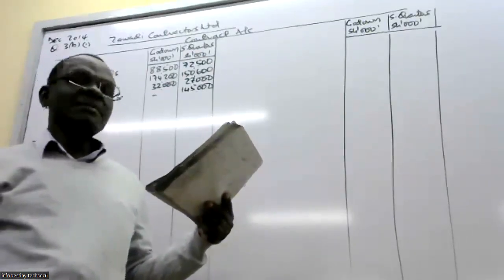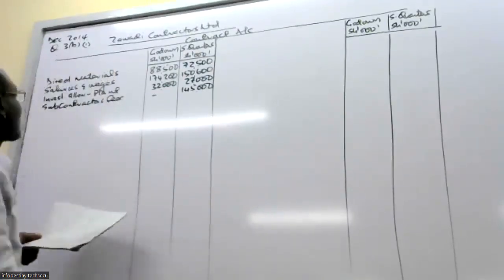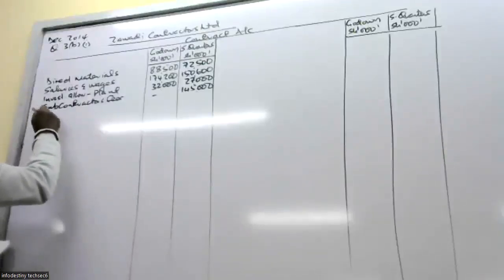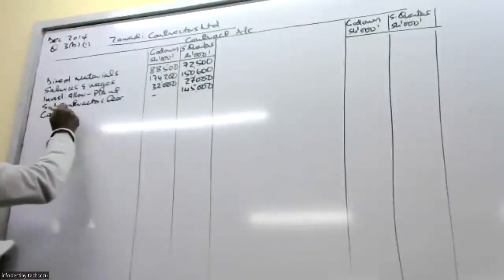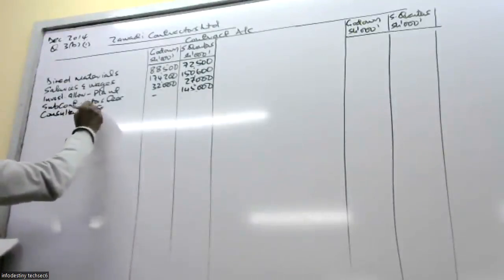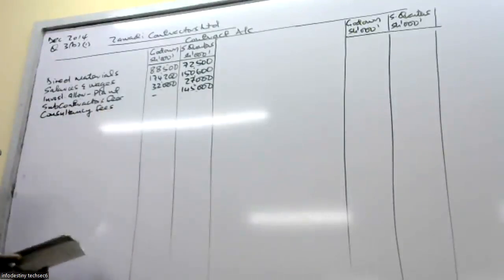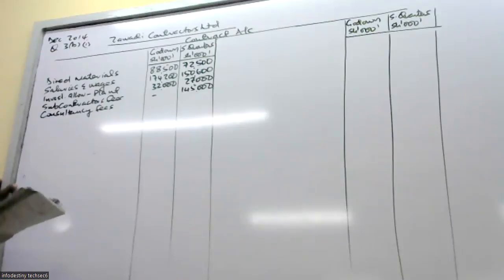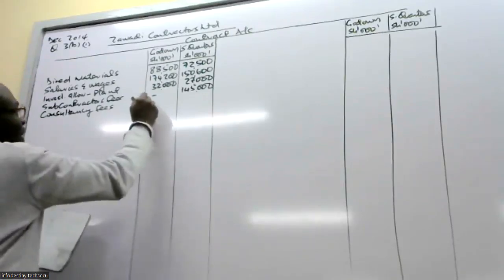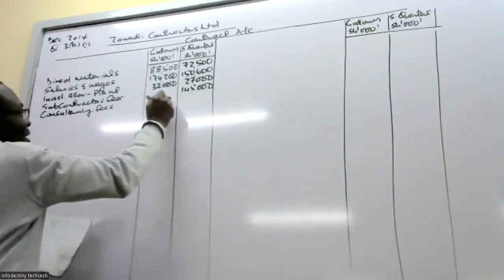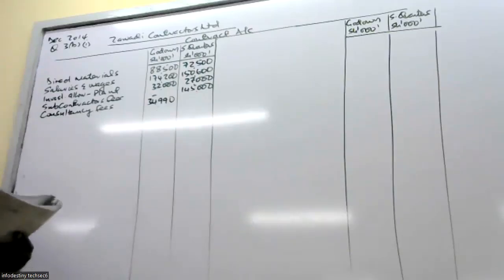So 35,000 minus 10 is 25. Actually that is not true, it's 35,000 minus just 10, which is 34,990. It's 35,000 minus 10.